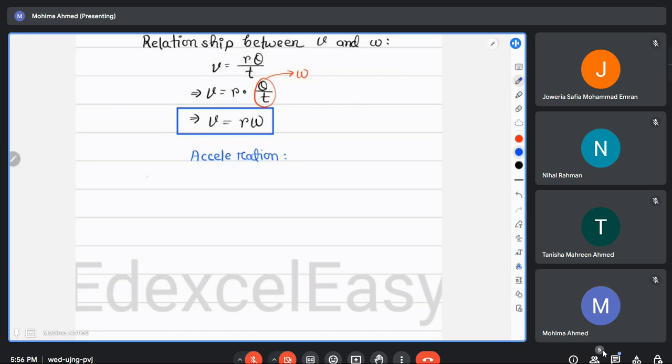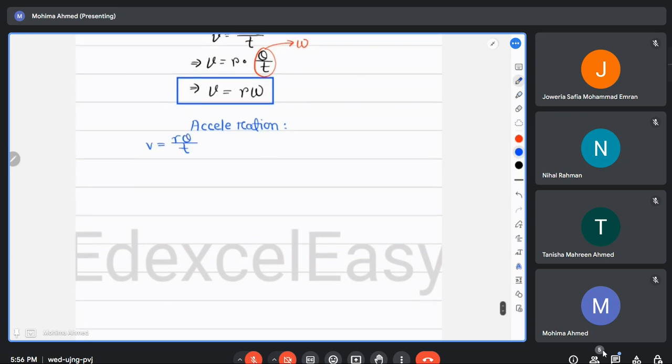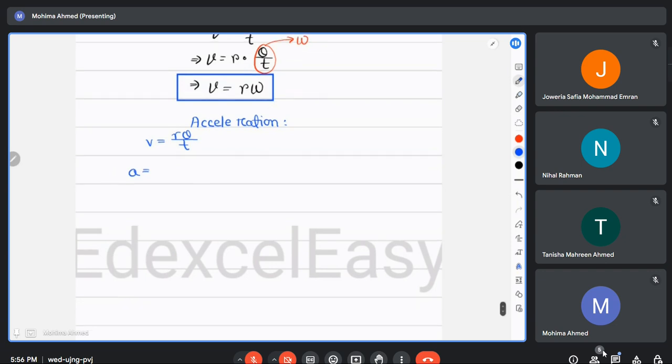So if you're going to use v equals r theta by t, in that case, your value for acceleration turns out to be v squared by r. This is the value for acceleration using v. Now using this, you can also find out your value for acceleration in terms of omega.